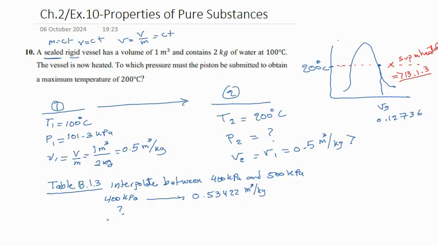So this is our pressure that we need to find, and at 500 kilopascal, now our value is 0.5.